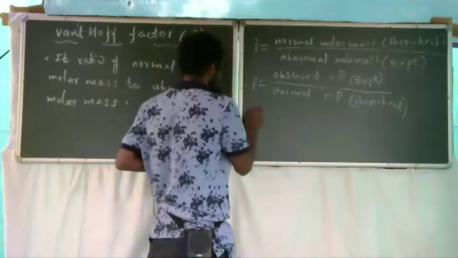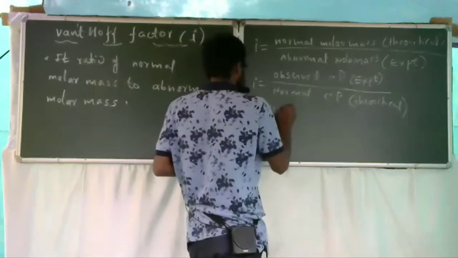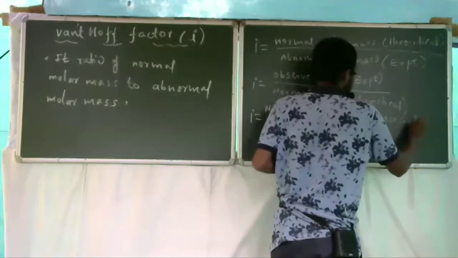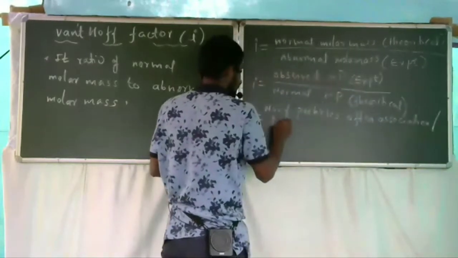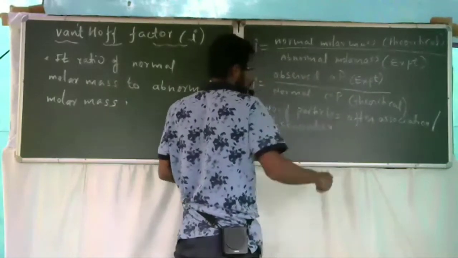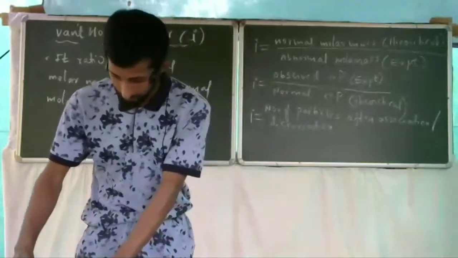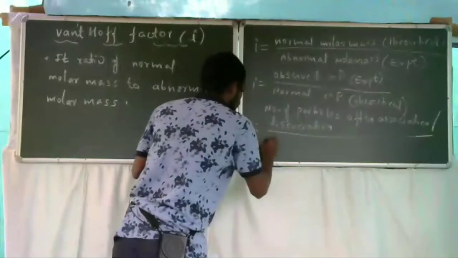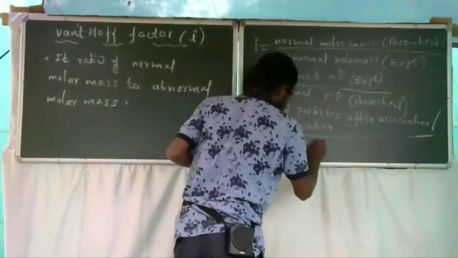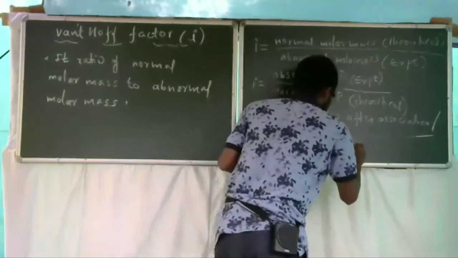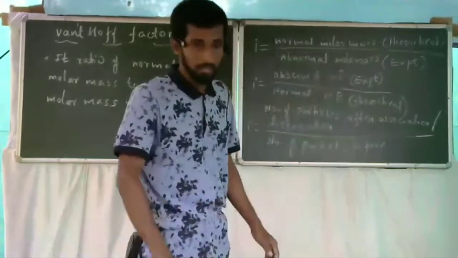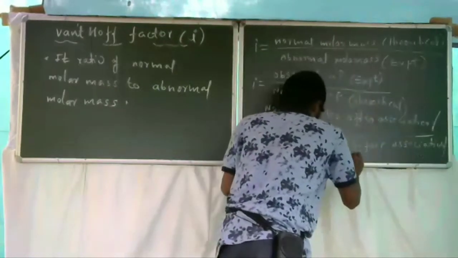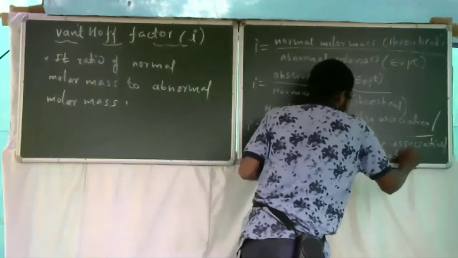Or we can write i equal to number of particles after association or dissociation divided by number of particles before association or dissociation.